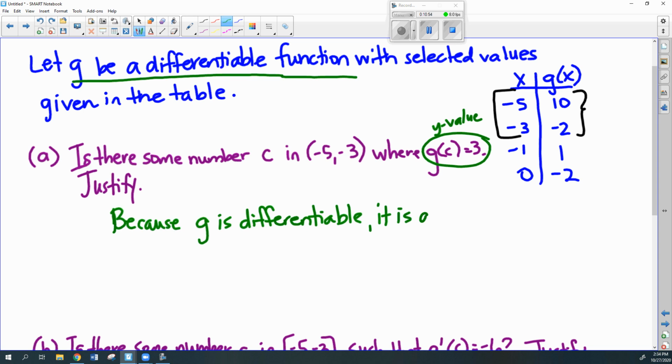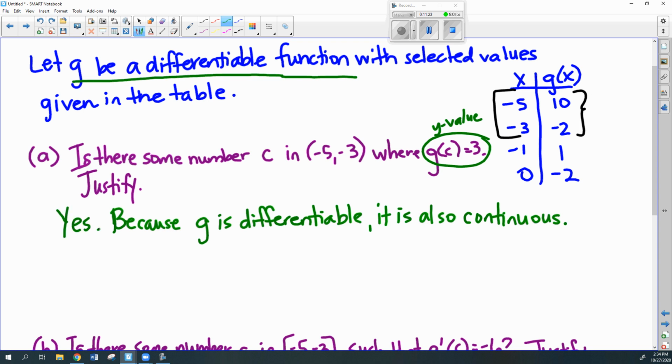The only way to be differentiable is to be continuous first. But you have to basically tell the person reading that you know that. So because g is differentiable, it is also continuous. Now, because it's continuous, we know that 3 is between 10 and -2, so IVT applies. So then the answer is officially yes.